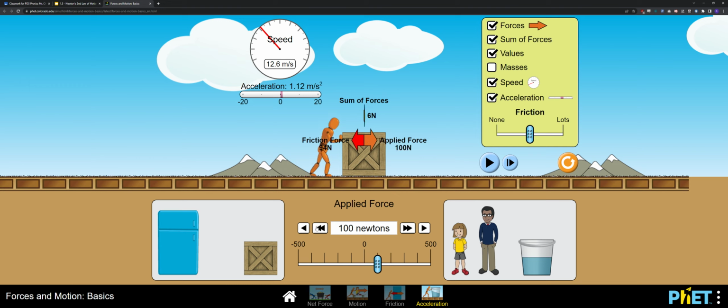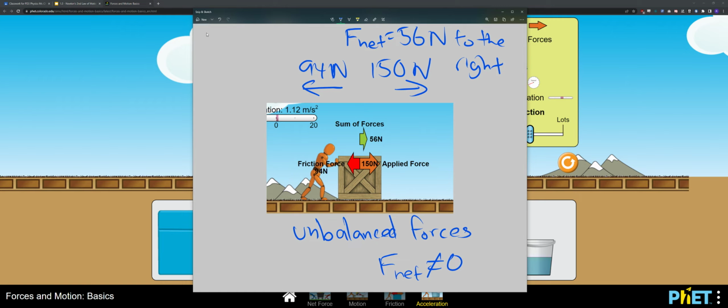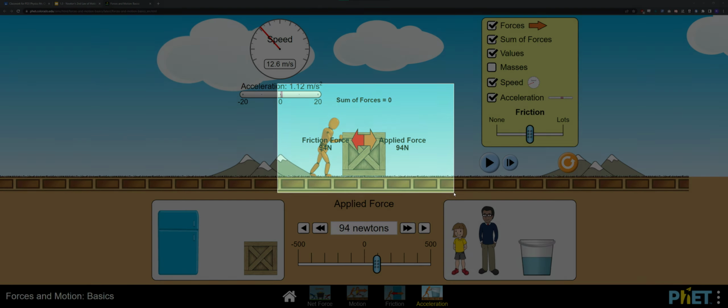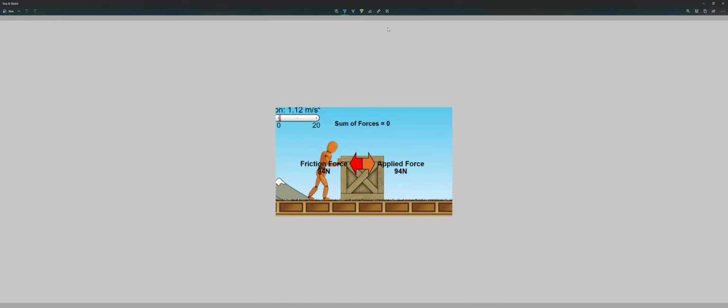Now, what happens when my forces are balanced, which is the situation I'm showing you right now? This person is pushing on this block with an applied force of 94 newtons, and there's a frictional force to the left of 94 newtons as well.